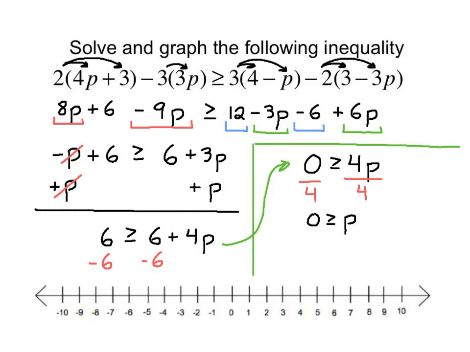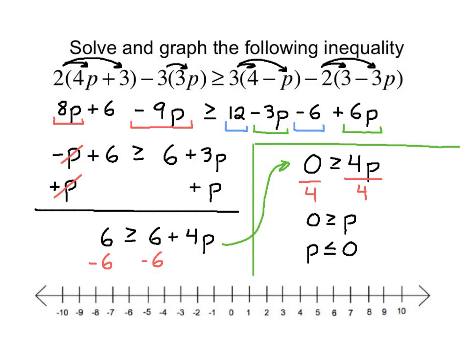If you want, you can even rewrite this as p less than or equal to 0. Notice that as long as the arrow is still pointing to the same object, I can change the order. Here the arrow is pointing at the p, and as long as the arrow is still pointing at the p, in other words, implying that p is less than or equal to 0, that's the same thing as saying that 0 is greater than or equal to p.